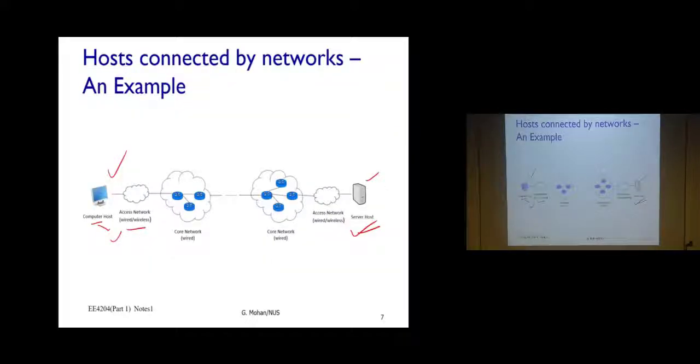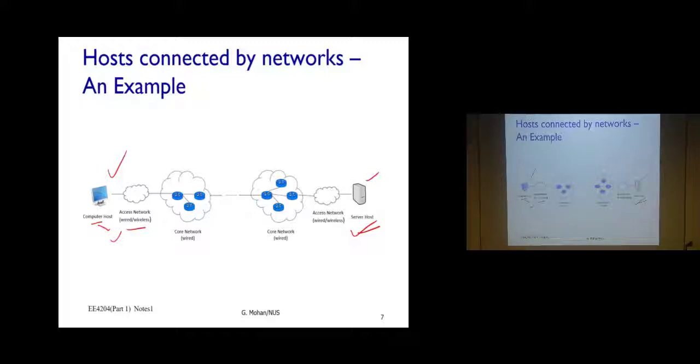Access network is the network which provides access to the internet. So at home, let's say we have fiber broadband or Singtel's ADSL based service, or StarHub's cable modem based service. That's an access network.